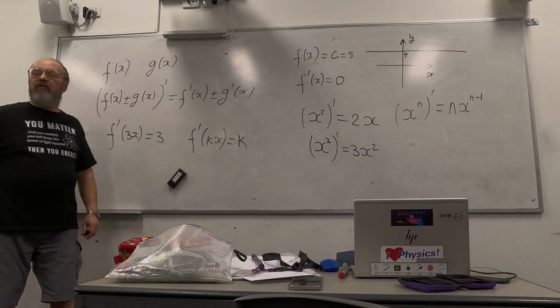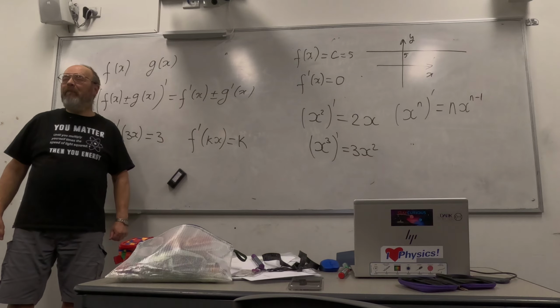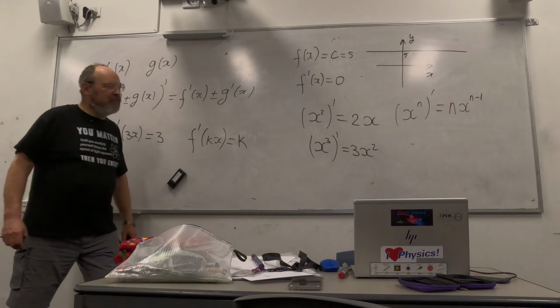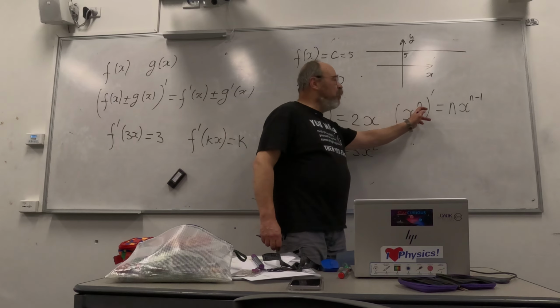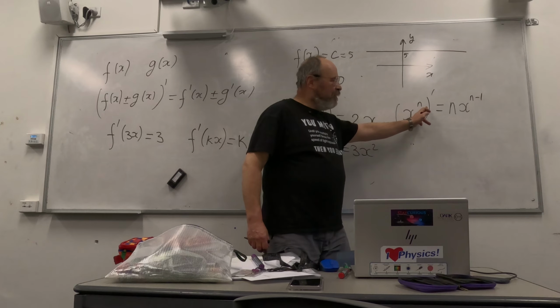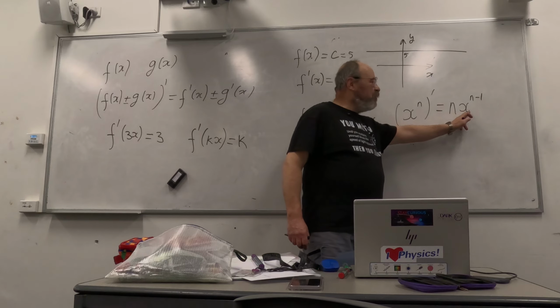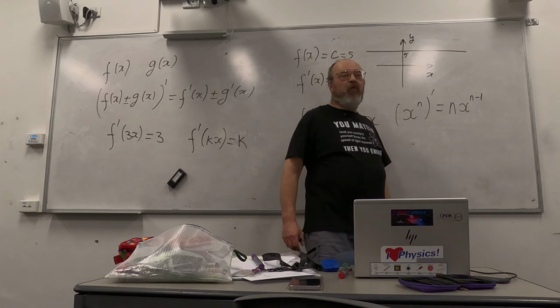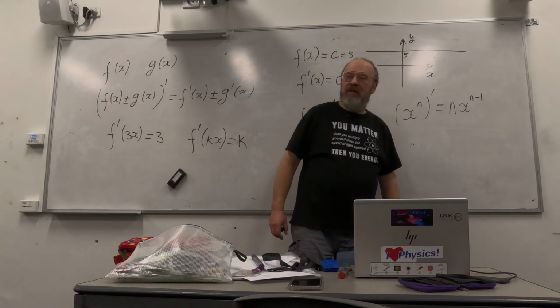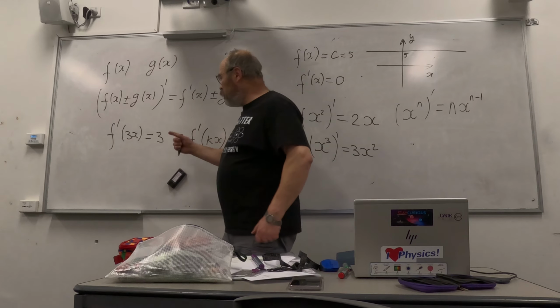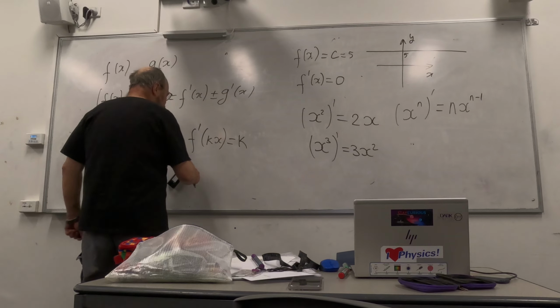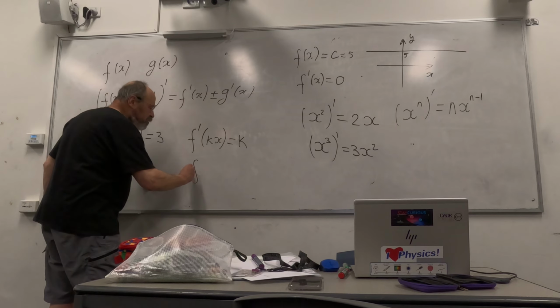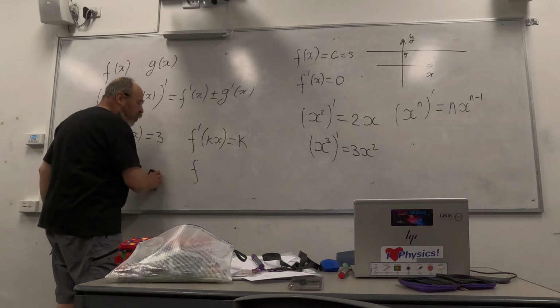Because what is the derivative of x? x to the power of 1. 1 comes to the front, and 1 minus 1 is 0, so you have 1 times x to the 0, which is 1. The derivative of x is just 1. So this equals 3.